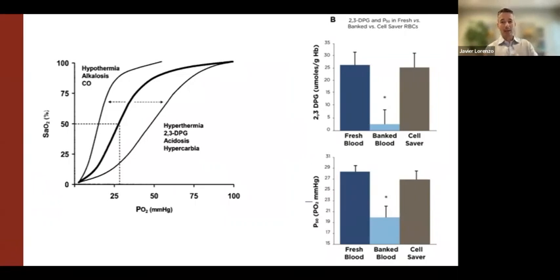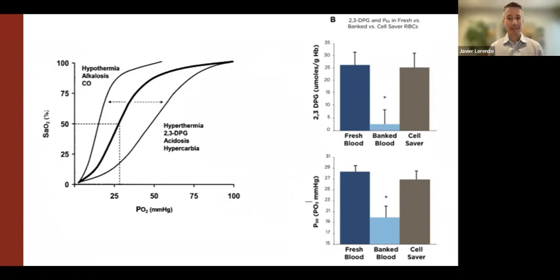And I'm showing you 2 graphs. One is the amount of 2,3-DPG that is present in fresh blood, cell saver, and bank blood. And it's just to show you that the blood that we are transfusing when we transfuse a unit of red blood cells is not a good delivery method of oxygen.